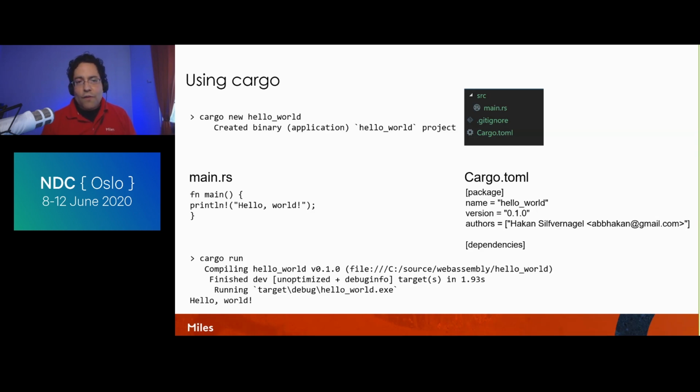We can use cargo to run this. We just run cargo run, then it will compile our project, and then run the exe file that will be generated, and we can see the result in our command line window.